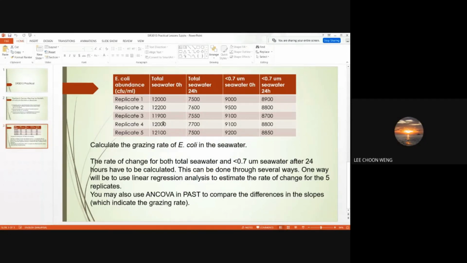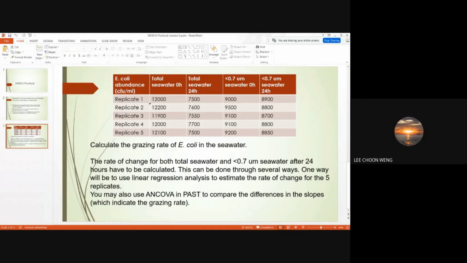Okay, some possible reason is this is total. That means maybe it also has some E. coli there already. And it also probably has a lot more particles. Some particles can have E. coli attached to them.